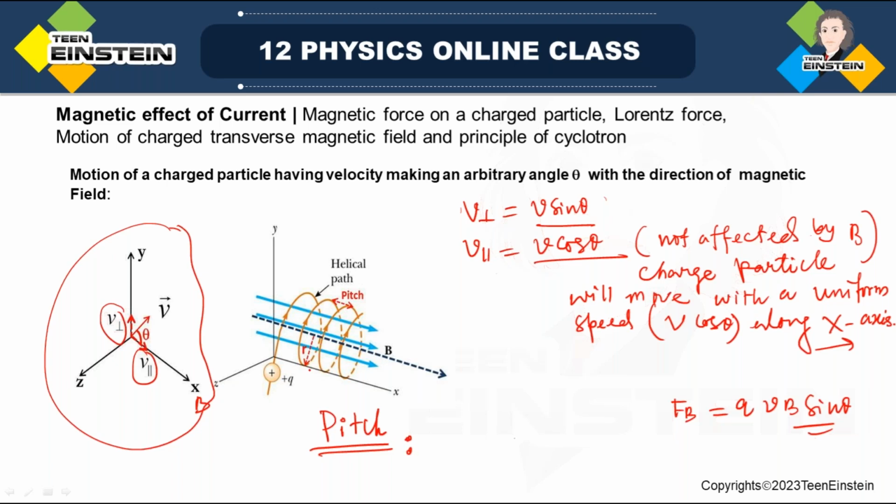Suppose the charged particle was here, and after a complete revolution it reaches here. The distance between these points is the distance traveled during a complete revolution.